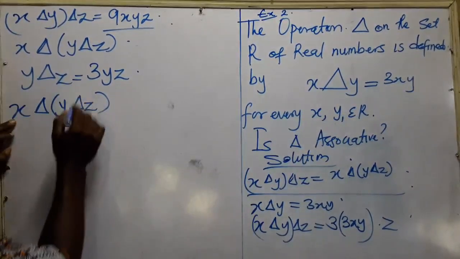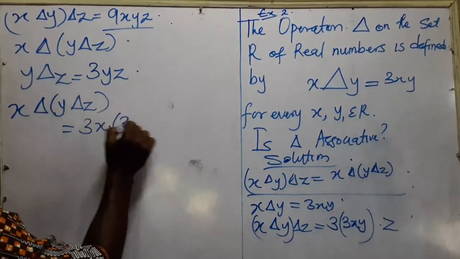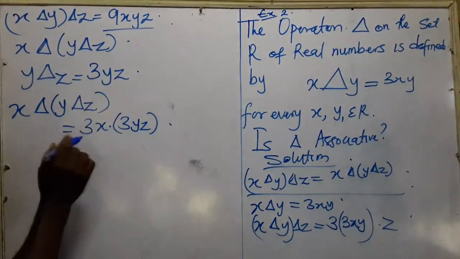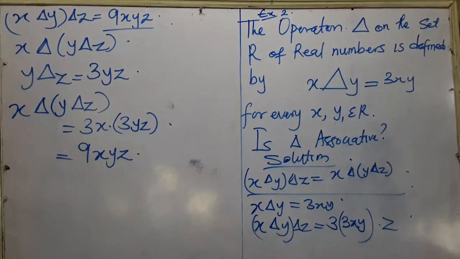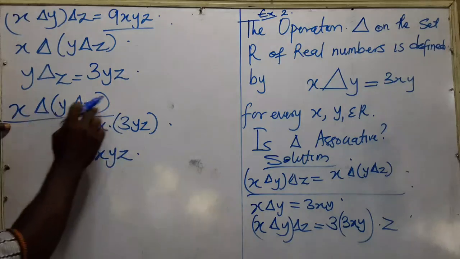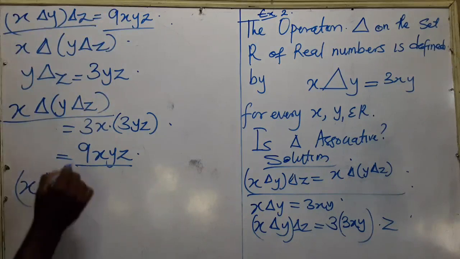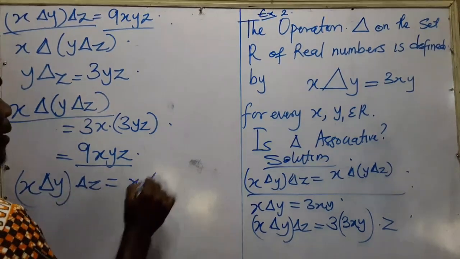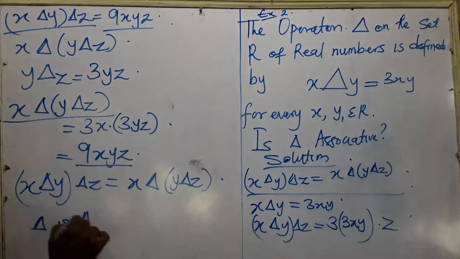So it will be 3x dot, and y operation z gives us 3yz, which is 3 times 3, we have 9xyz. So x operation y operation z is 9xyz, and at the same time this is also 9xyz, telling us that x operation y operation z is equal to x operation y operation z.